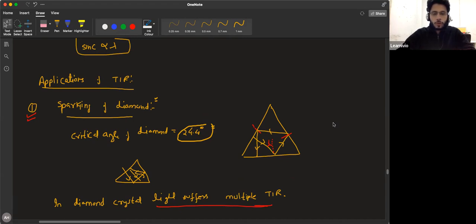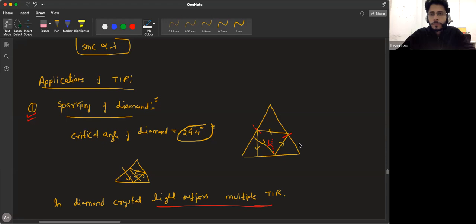Hishma, what were the two essential conditions for a system to undergo TIR?